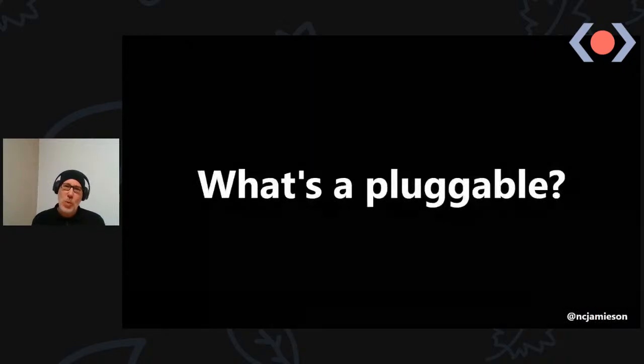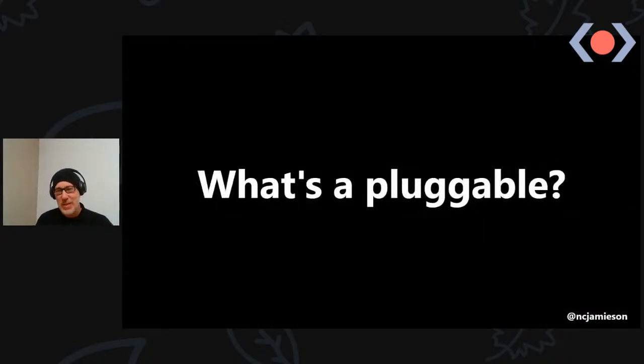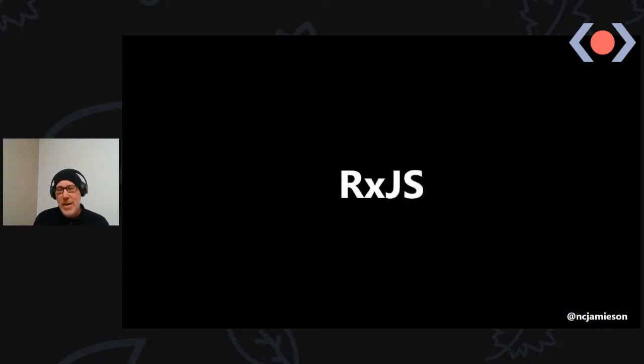So what I call a pluggable is something into which you're actually going to insert an operator to change the behavior. So a pluggable API provides some basic behavior that you can create a variant of by passing in a different type of operator.